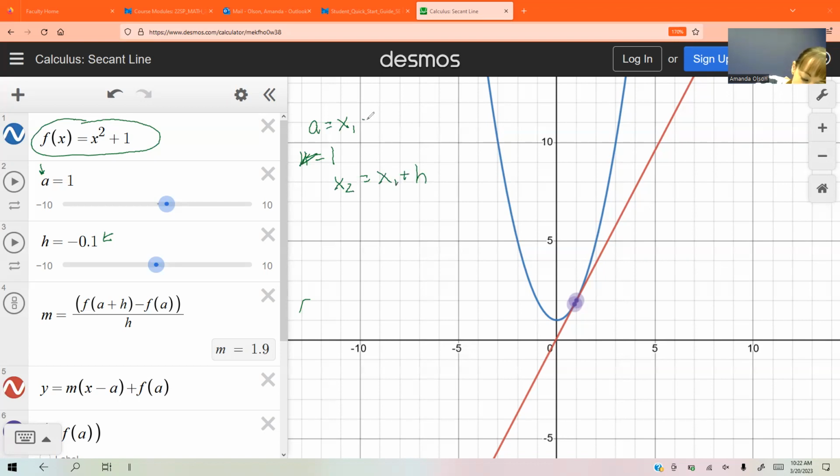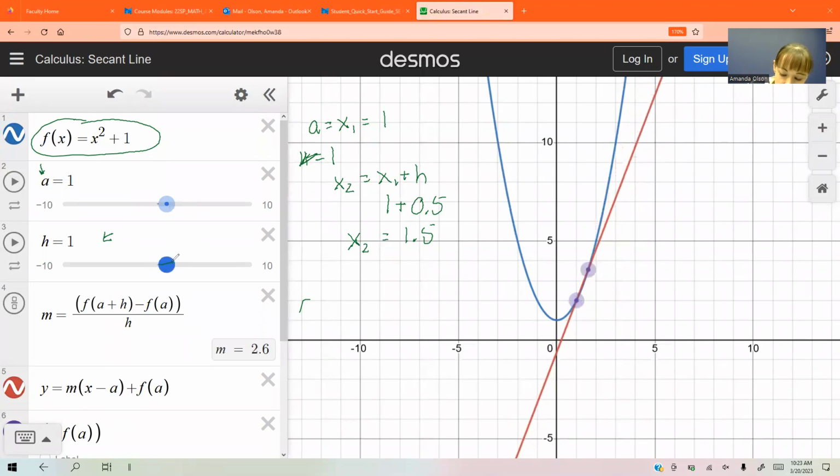So we have 1 plus however far apart I choose my next h value. That could be, let's just say 0.5. Then the next x is 1.5. So you've got two values. h is the difference or distance between those two. a is your starting x value, and then h tells you how far it is to the next x value. So then you'll have 2 points, and you make a secant line through those 2 points.